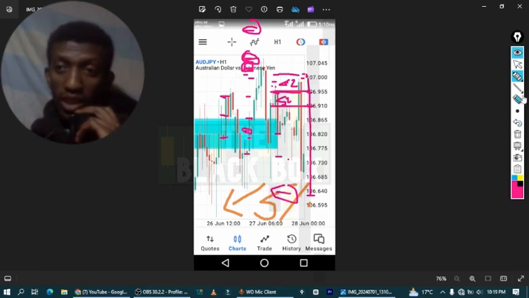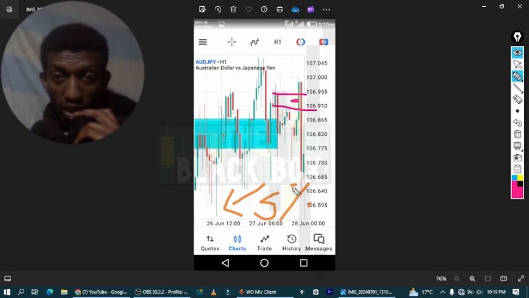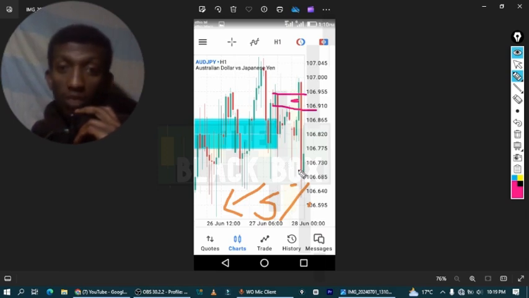But in an ideal world, in the real world, you never get that much. So without patience, you would enter right down there at the golden zone because you don't want to miss the move, right? You know that TP2 is not hit down there, right? Based on this black box, I'm not talking about this.